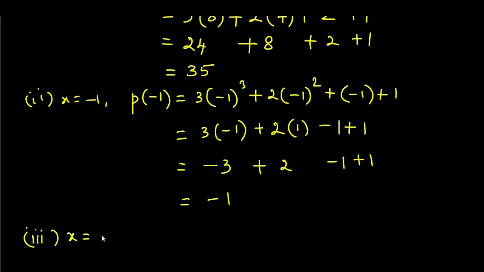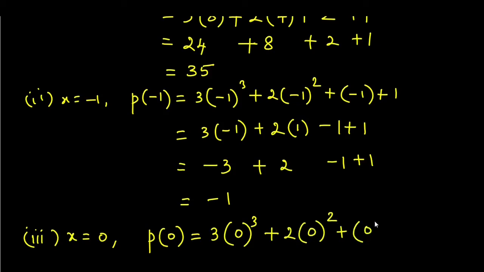At x equal to 0, p of 0 is equal to 3 into 0 cubed plus 2 into 0 square plus 0 plus 1 as it is.